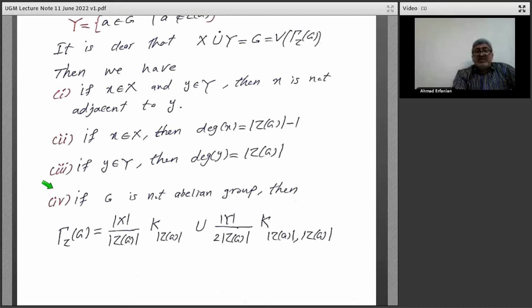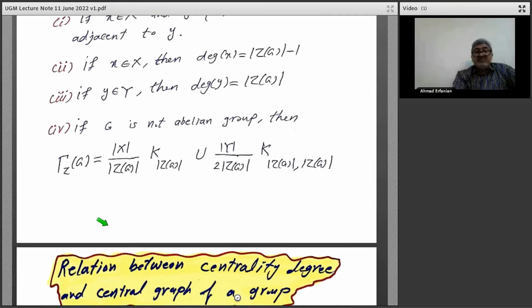The degree of any element in X is the order of the center minus 1. The degree of any element in Y is exactly the order of the center.